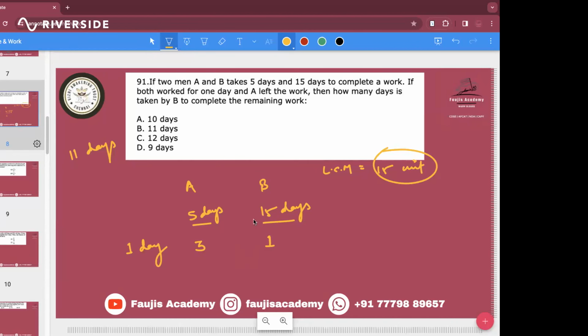A and B both worked together for 1 day, plus sign. That means 4 work was over on day 1 itself. How much work remaining?